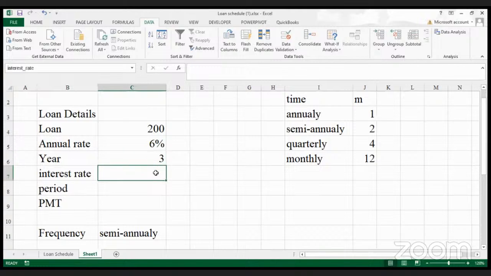Then you activate your cell. We are now going to use the IF function to help us do this. How will we use the IF function to do this?